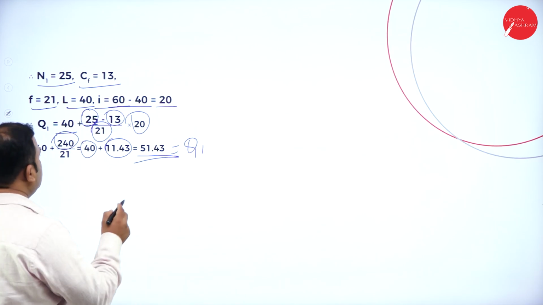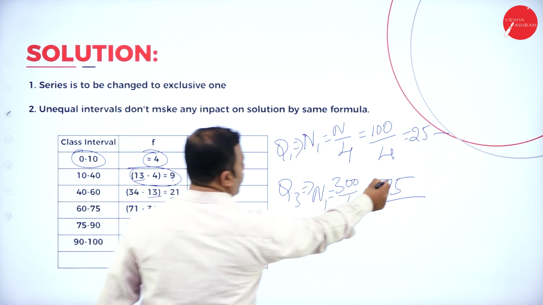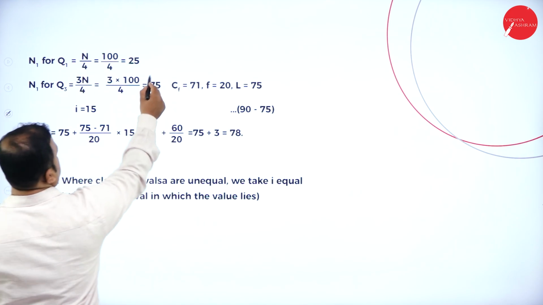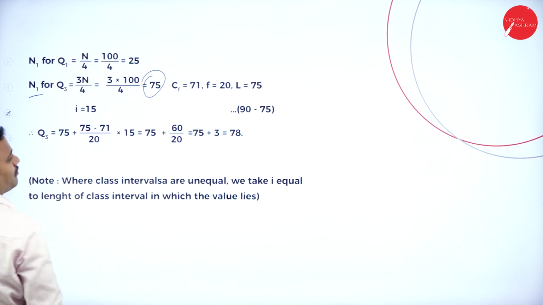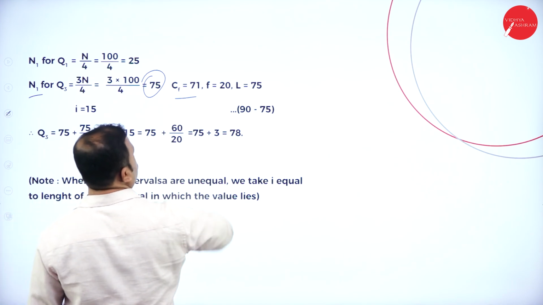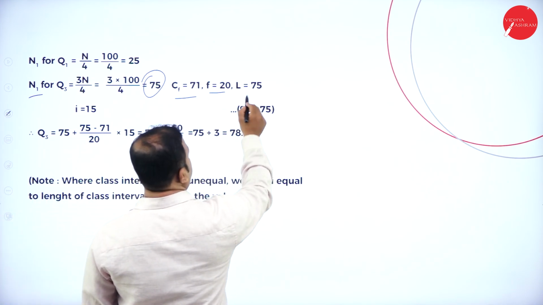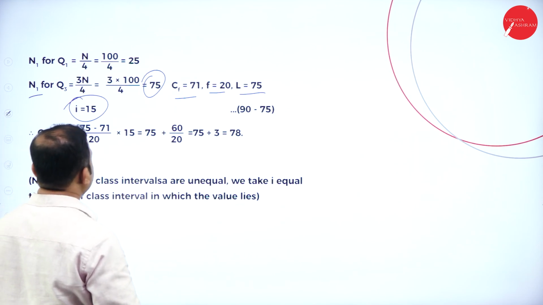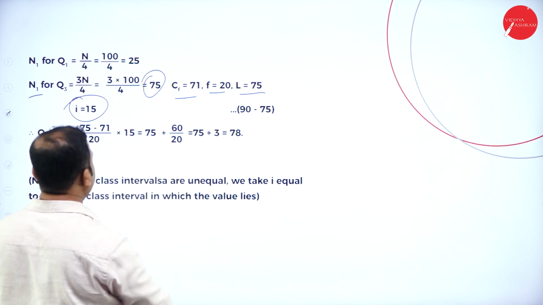If I consider the value of Q3, this becomes 75. n1 is equal to 75, CF is equal to 71, f is equal to 20, L is equal to 75, i is equal to 15, because we have the range from 90 to 75.